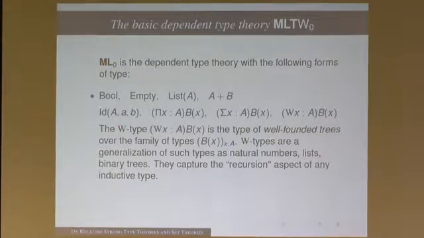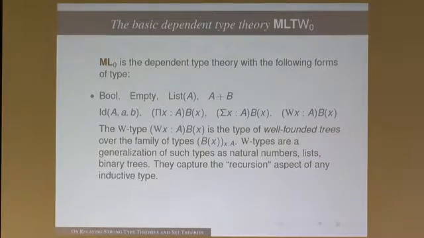There's the identity type, which figures prominently in the univalent foundations in homotopy type theory. This is the dependent product type, the dependent sum type, and W x : A, Bx stands for the type of basically well-founded trees over the family of types Bx, x : A.